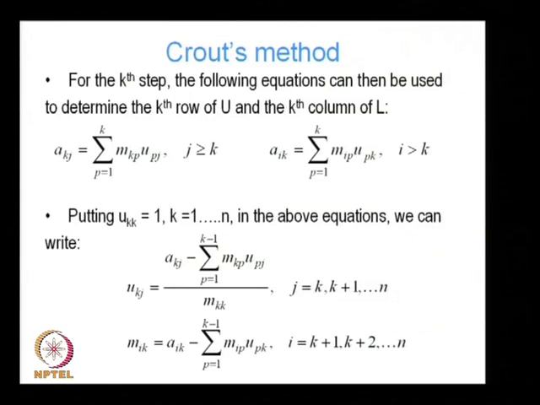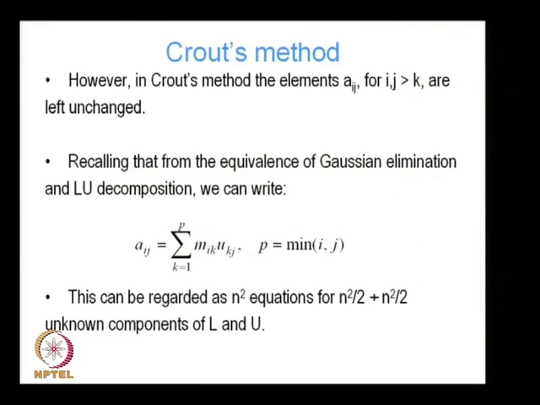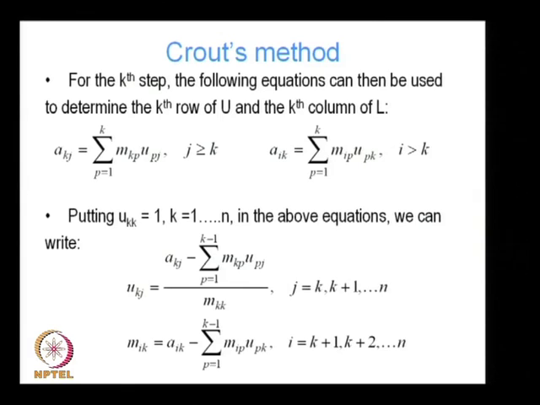The limit of the sum is now k, simply because i is greater than k, and let us recall from our previous equation, p is the minimum of i and j, and since i is greater than k, p is equal to k. So, now we are splitting the previous equation into two parts.